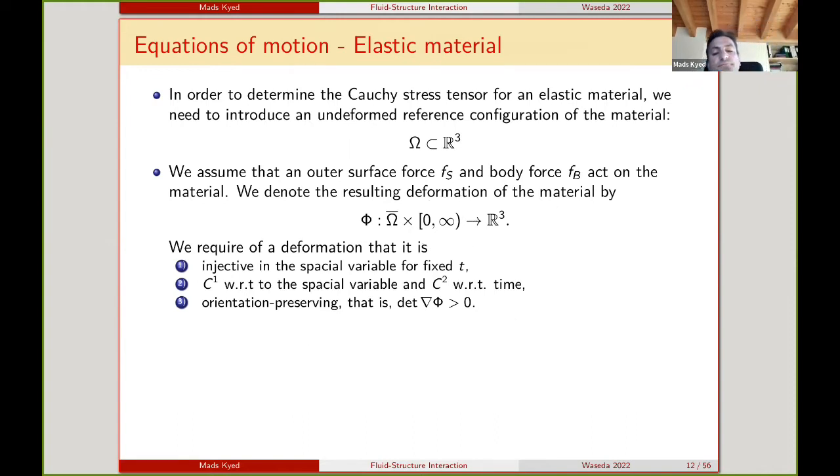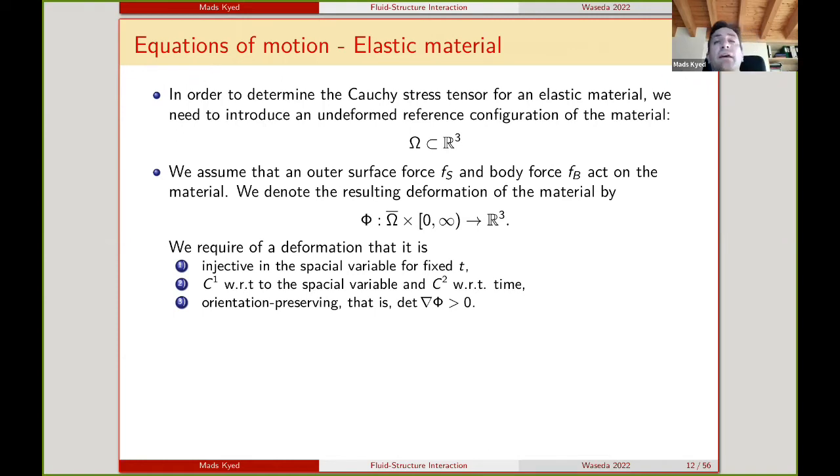So we have a function which takes our omega at any time t into a new deformed configuration of our elastic material. We make some a priori assumptions on the deformation, namely that it's injective with respect to the spatial variable for fixed t, has a certain regularity, and that it's orientation preserving.